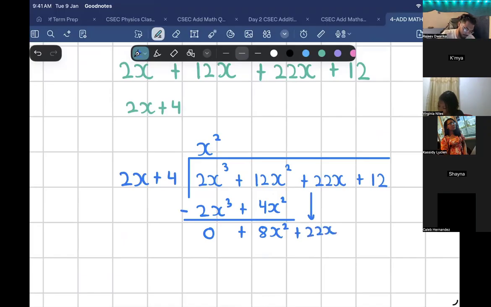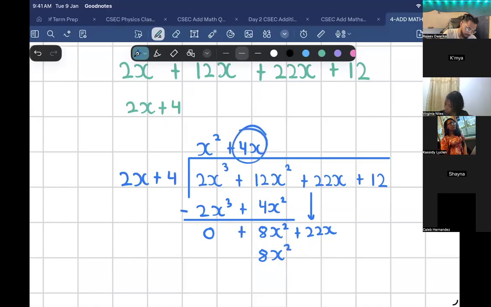Then I ask myself, what by 2x will give me back 8x squared? So what by 2 would give me 8? 4x. And I would have the x multiply by the x to give me x squared. Then I multiply the 4x by 2x, that'll be 8x squared.